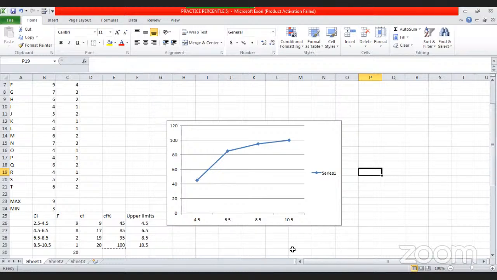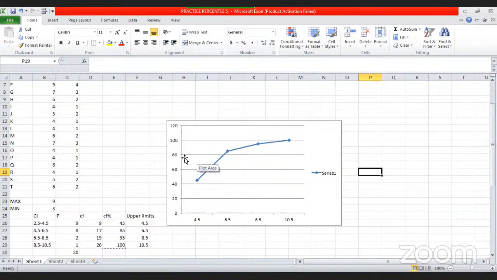So now you can calculate the percentile and percentile rank from the Ogive by drawing the perpendicular line from the x-axis and from the y-axis. When the score is given, you have to check from the x-axis, draw a perpendicular line to the curve, then draw another line that will connect the y-axis.